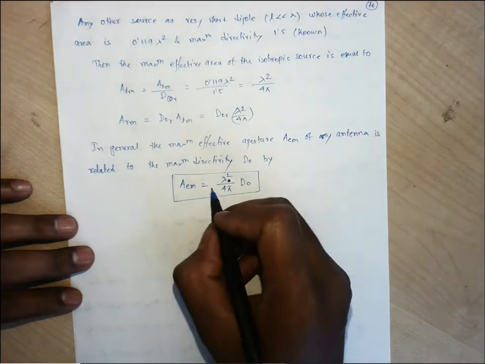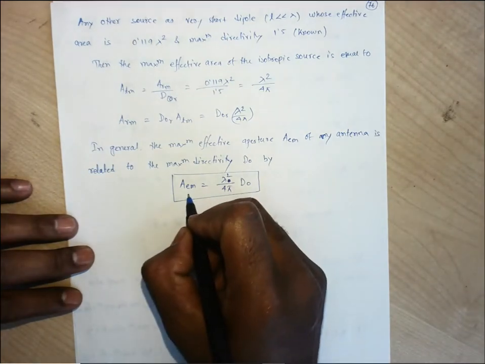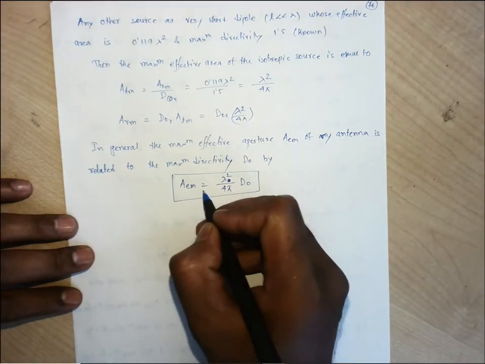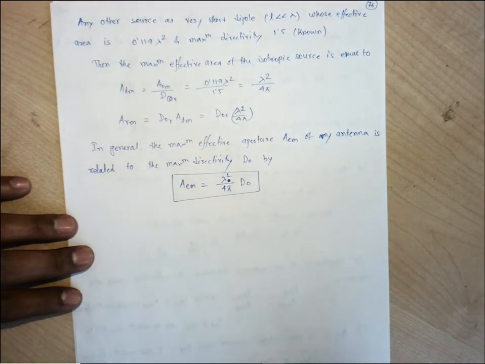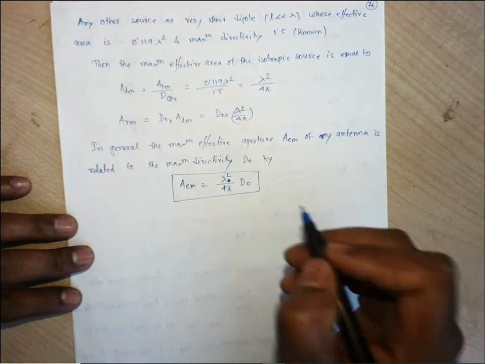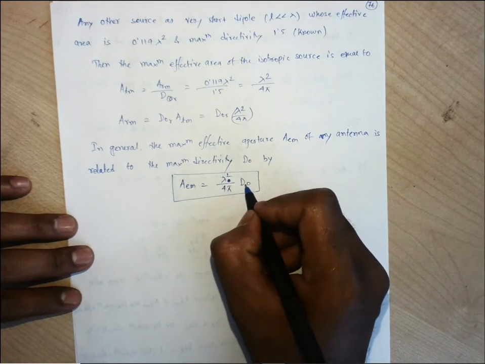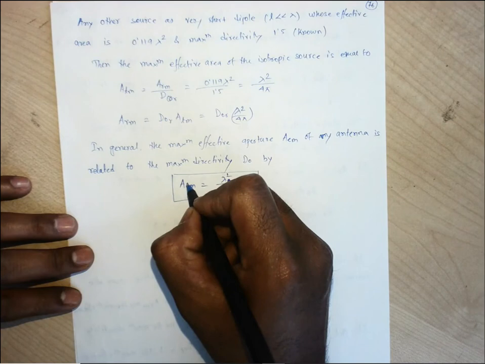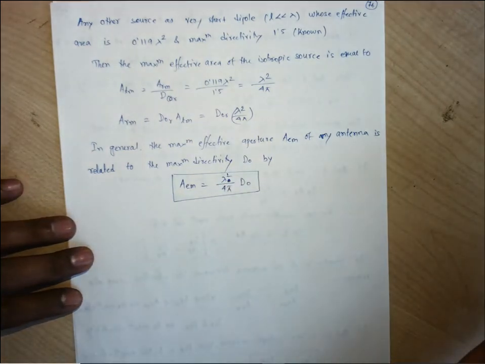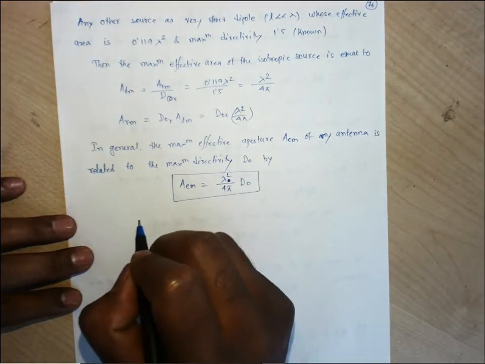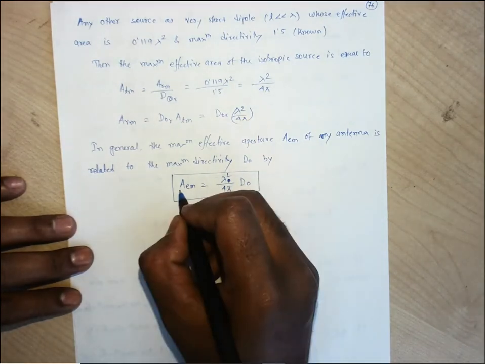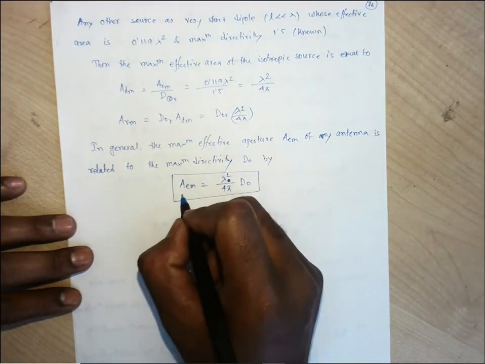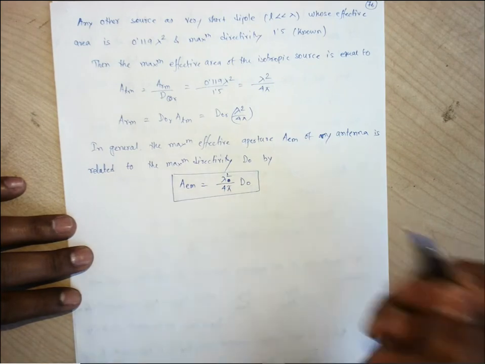By saying that, we can say this receiver or any other source is receiving the signal, and that reception will depend upon the directivity, and that will give us the effective area. So whenever we need to find out the effective area from directivity, we can use this relation, or if the effective area is given, we can find out the directivity.